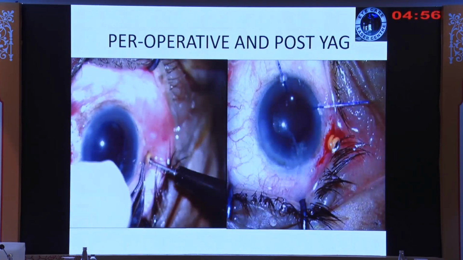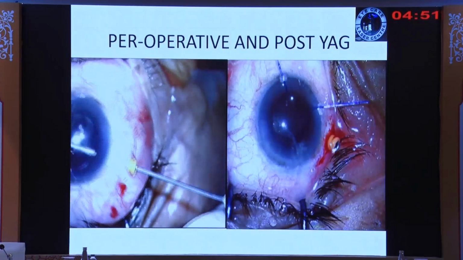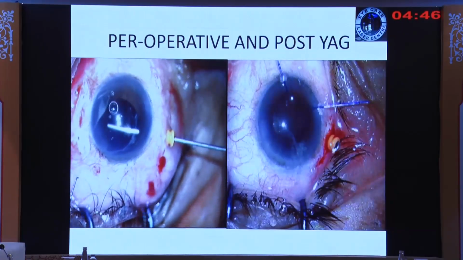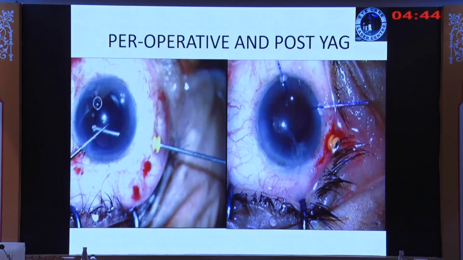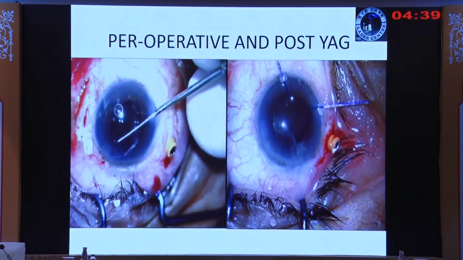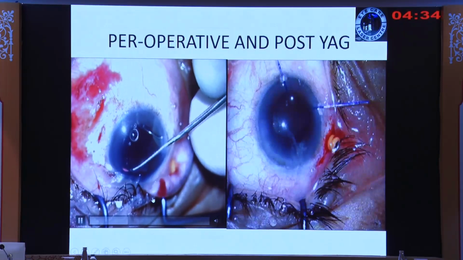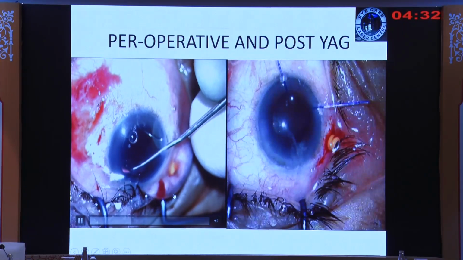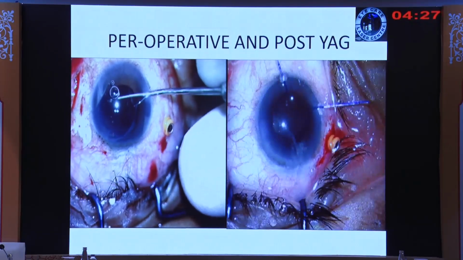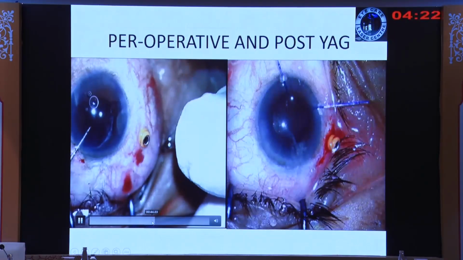Now in this case you see a partially dislocated lens, but still in the anterior chamber. I made a side port through a sclerotomy 4 millimeters away from the limbus with the vitreous cutter. We did an anterior vitrectomy, and you see the lens is partially trapped with the capsular bag. We plan to replace it again with the side port, simultaneously without any opening from inside, and we are trying to place the lens in the bag.